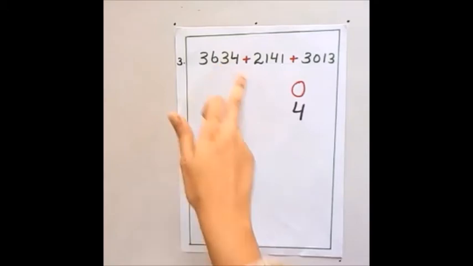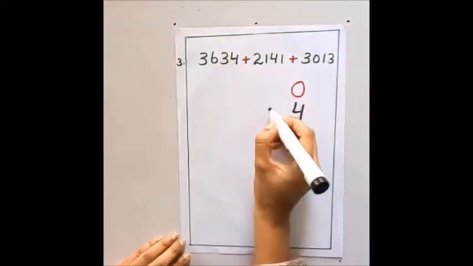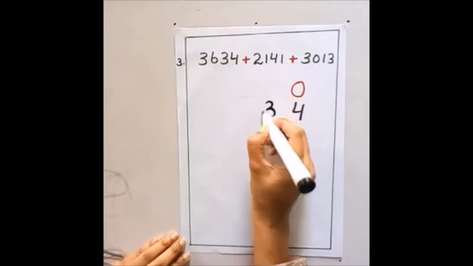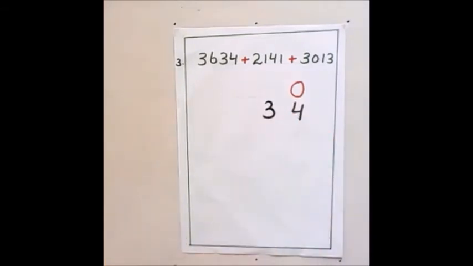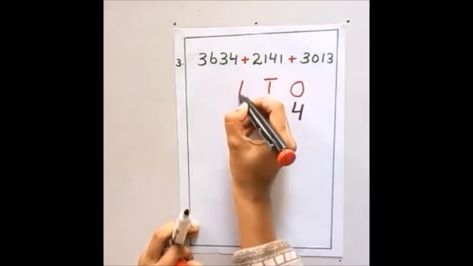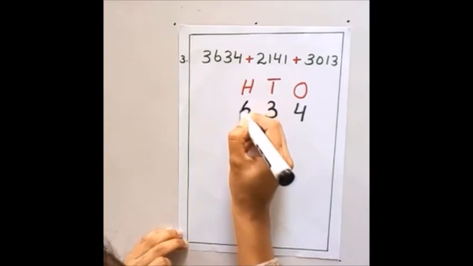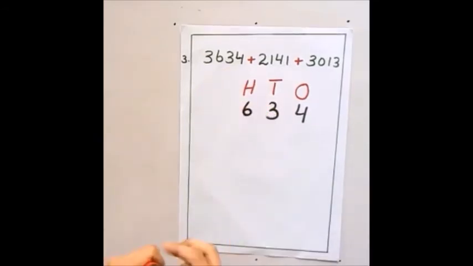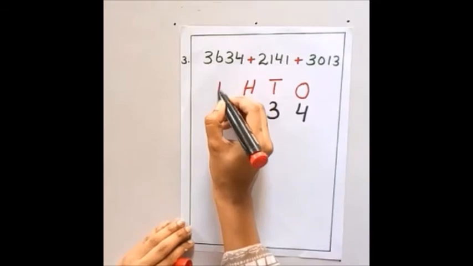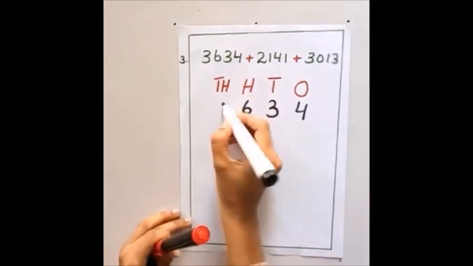So we will write 4 under the ones place. Then we will write 3 under the tens place. Then in the 100 place I will write 6 because 6 is in the 100 place. Then in the 1000 place I will write 3.